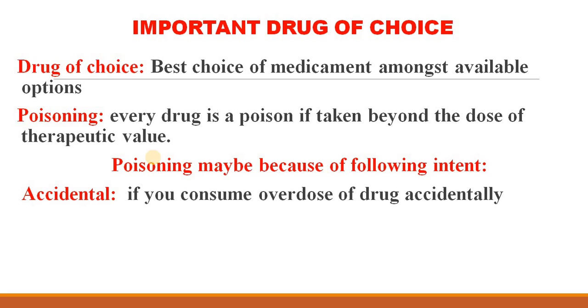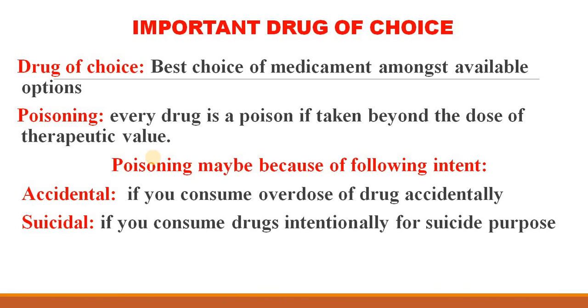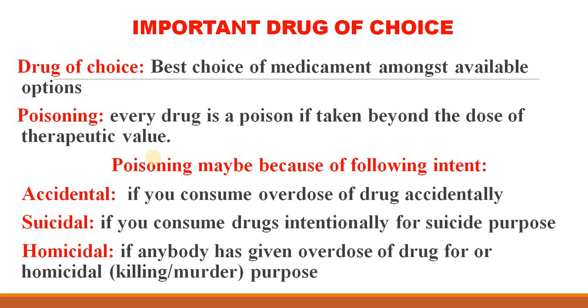Second, poisoning may be by consuming poison intentionally for suicide purposes. Suppose that you are depressed, and in the depression you consume a lot of drugs, or an overdose of drugs, or you consume a poison. That comes under suicidal poisoning. Third one is homicidal.